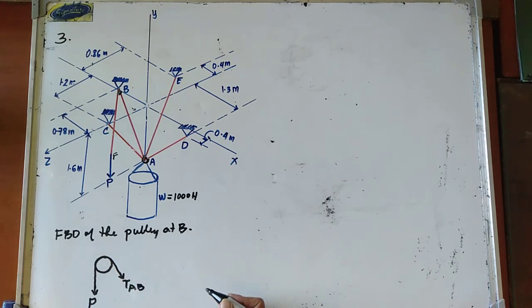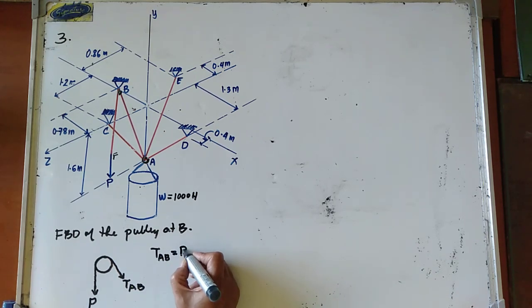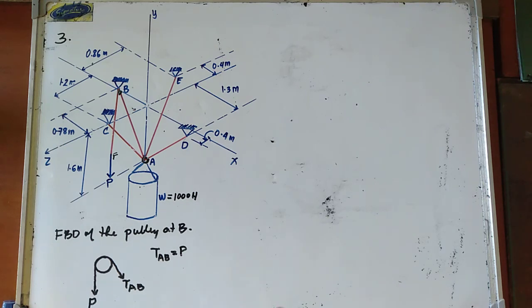From here, your TAB is equal to P. Going back to the free body diagram, cables that run over a frictionless pulley to maintain equilibrium have equal tension.